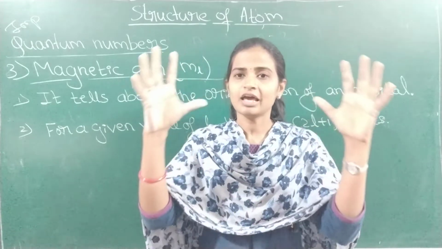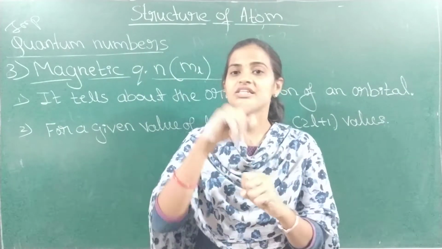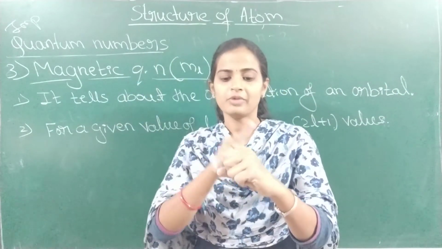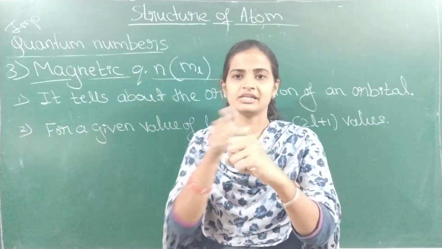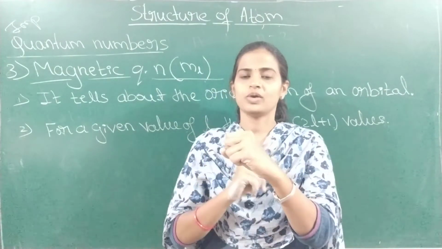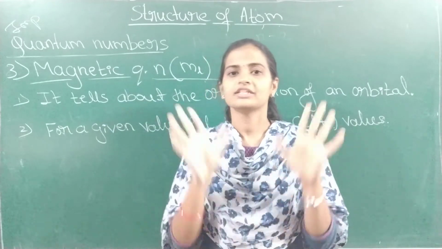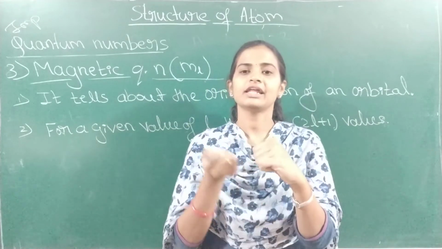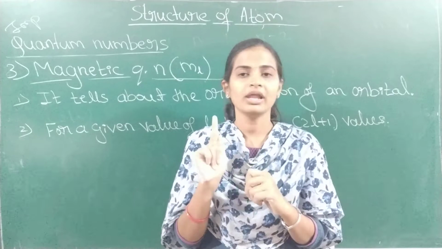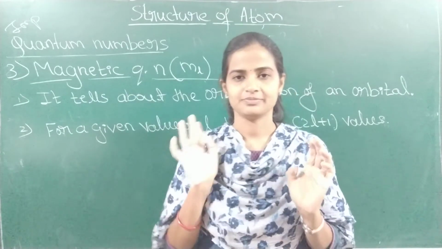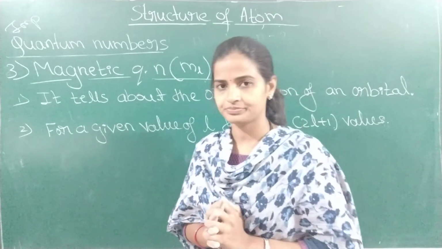Orbital means it is a three-dimensional space, but we are changing the axis. Whether I am taking it in this way, this way, or this way, all these together are called what? Subshells. If I am particularly telling by considering the axis, then only those are called orbitals. Okay, hope this is clear.